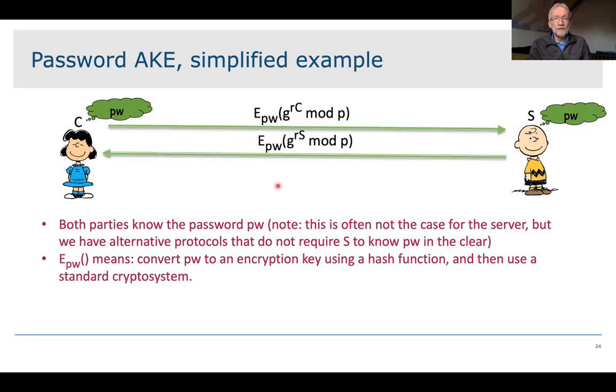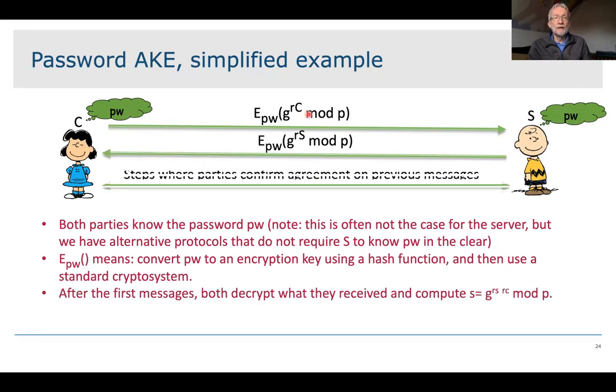The server does exactly the similar thing, encrypting his own Diffie-Hellman message also under the password, and now both parties can decrypt under the password the Diffie-Hellman message, and from it they get the shared key. Then you do some steps where the parties confirm that they really agree on the previous messages. This can be done using MACs and similar tools. This is standard stuff. But the main thing is this first step where you do Diffie-Hellman, but on the encryption under the password.